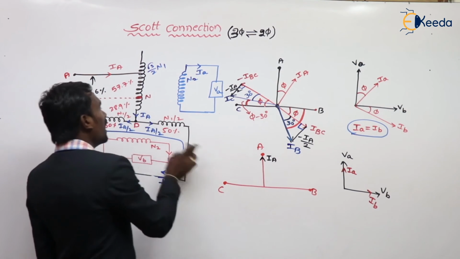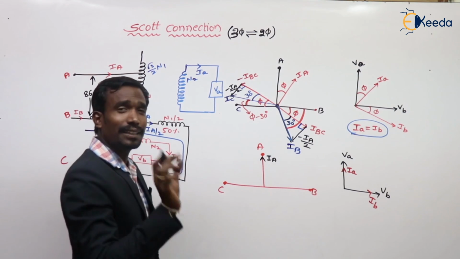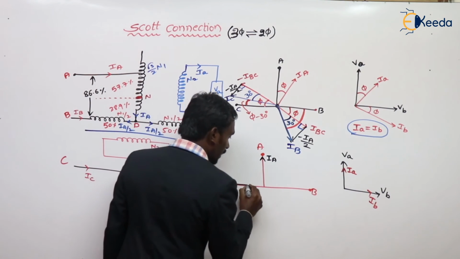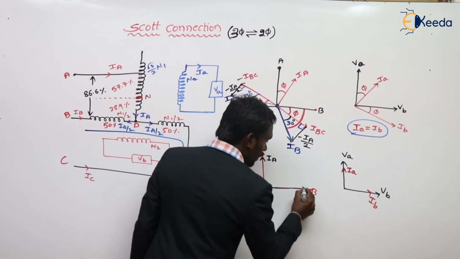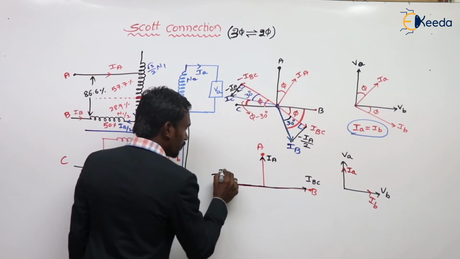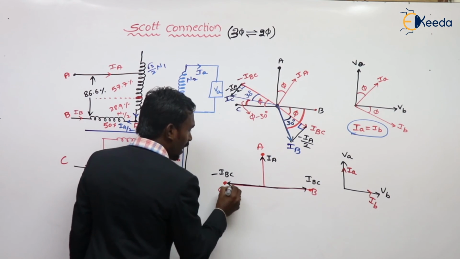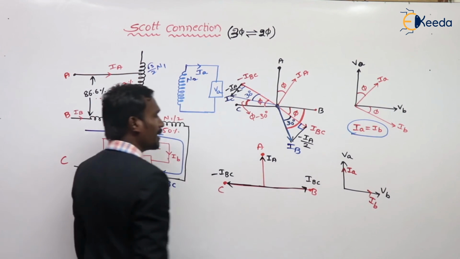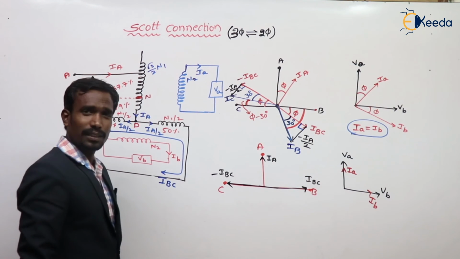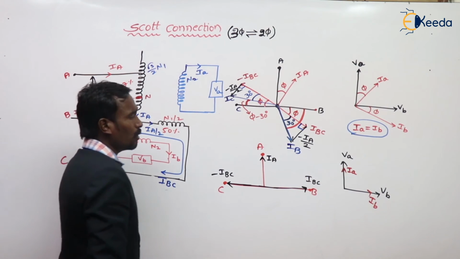IA and IBC are operating at 90 degrees to each other. This is, for example, IBC and this is minus IBC. Now let's see.